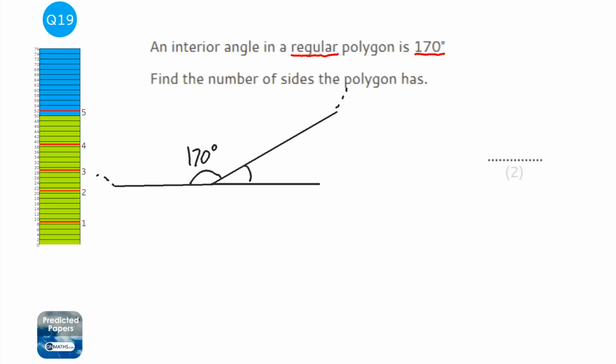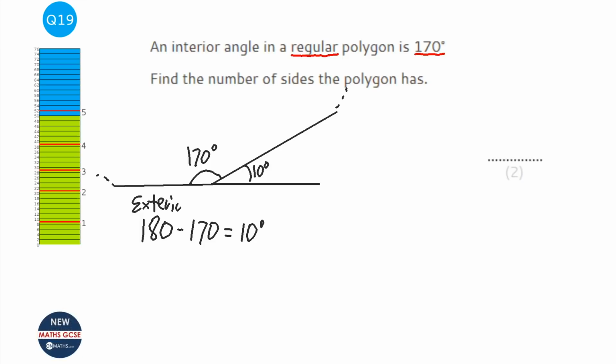So to get the exterior angle, all we do is 180 take away 170, which is 10 degrees. And that's for the exterior angle. So if the exterior angle is 10 degrees, we know all exterior angles add up to 360.